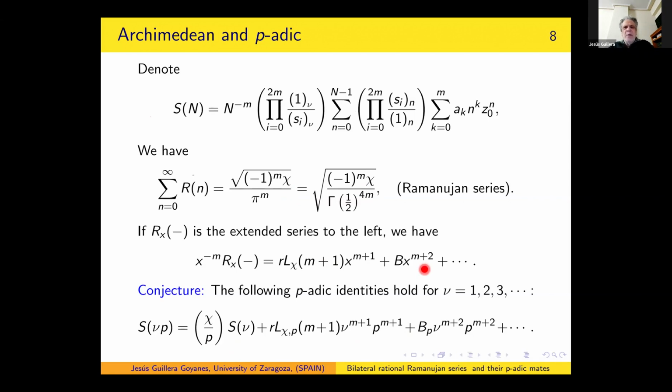So we substitute the functions, the Dirichlet L, with the p-adic Dirichlet, and B with the p-adic B, etc.